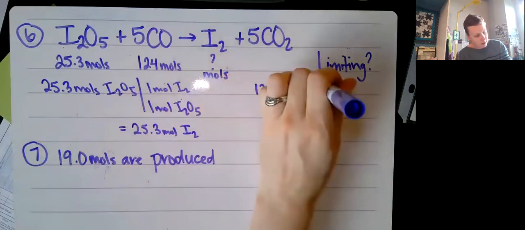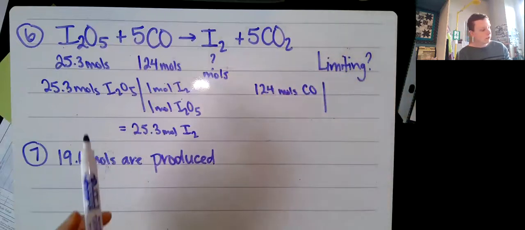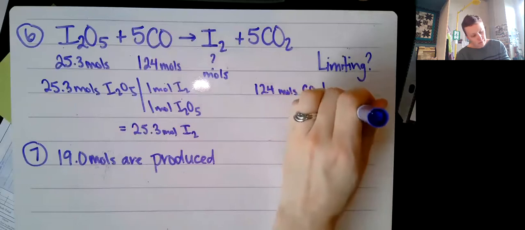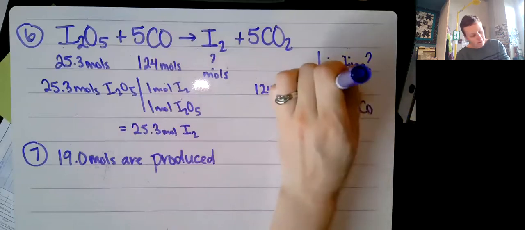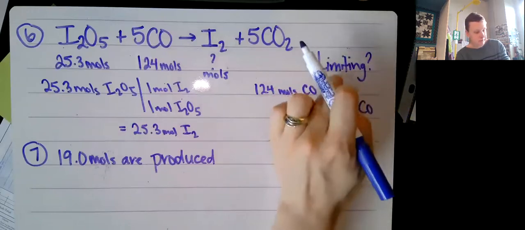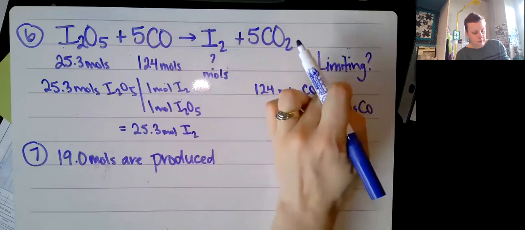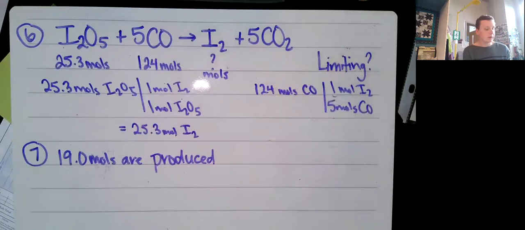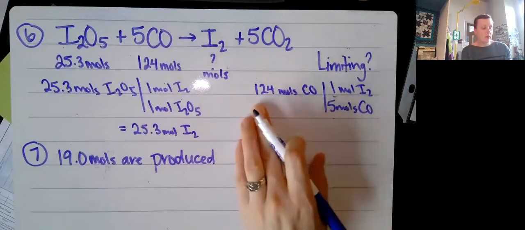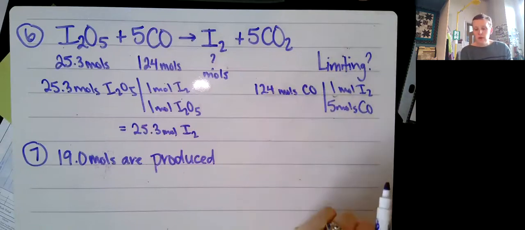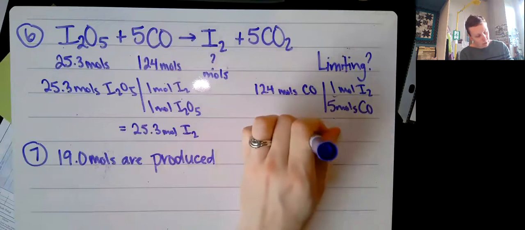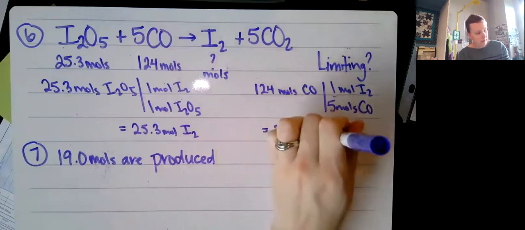The other one, 124 moles of carbon monoxide. The mole ratio is 5 moles to 1 mole. So 124 divided by 5, and we're limited to 3 sig figs, so we end up with 24.8 moles of iodine.